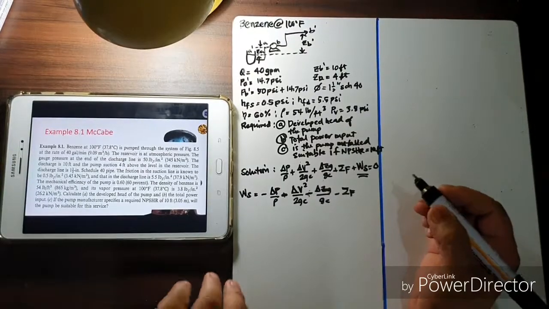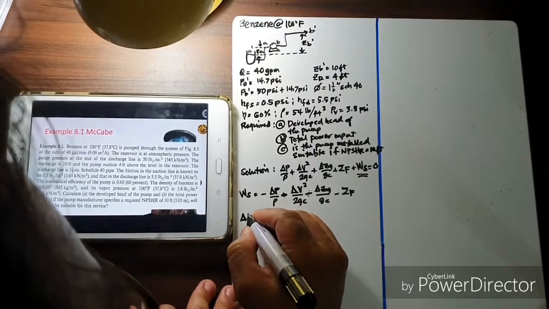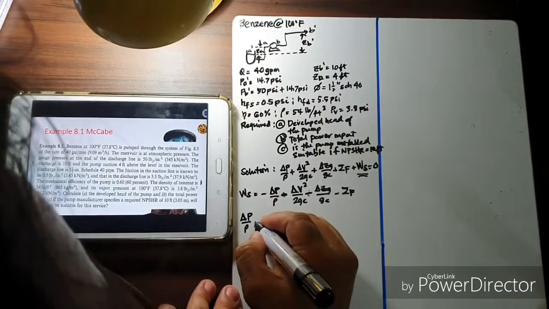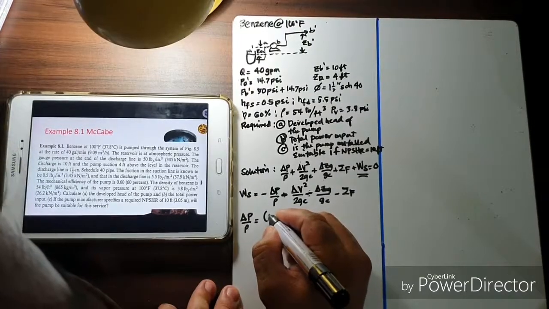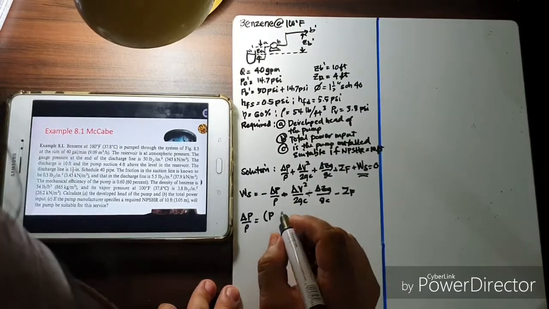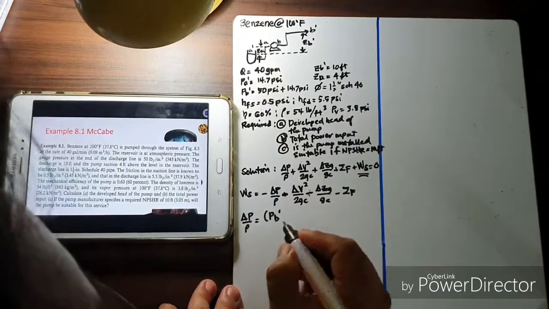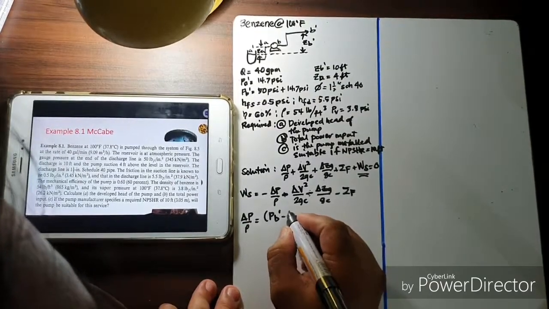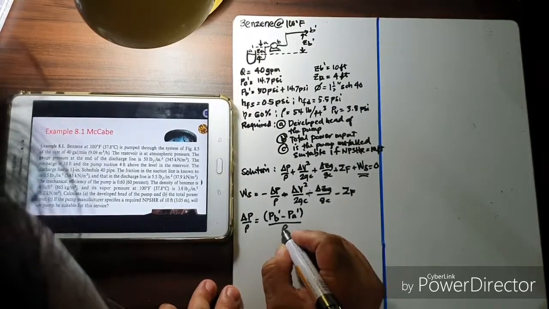Okay, let's say for delta P over density, we have the pressure, P B prime minus P A prime over density.